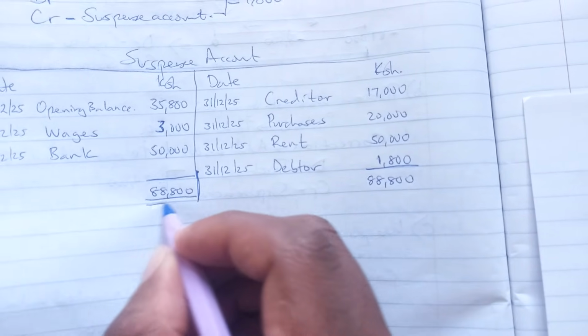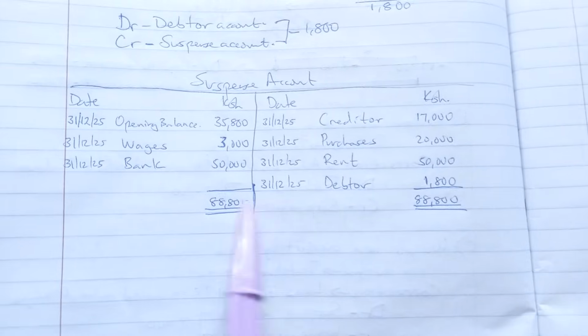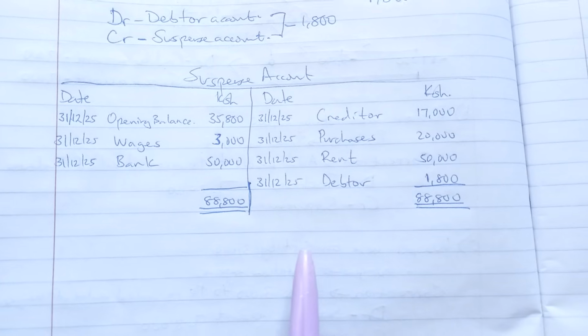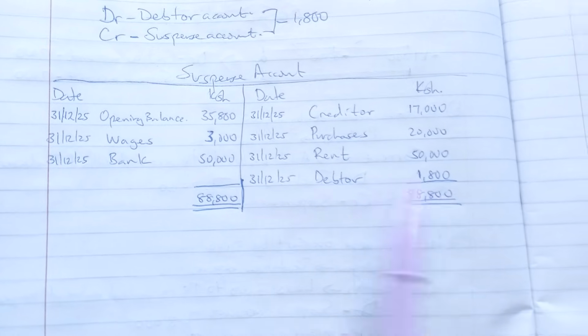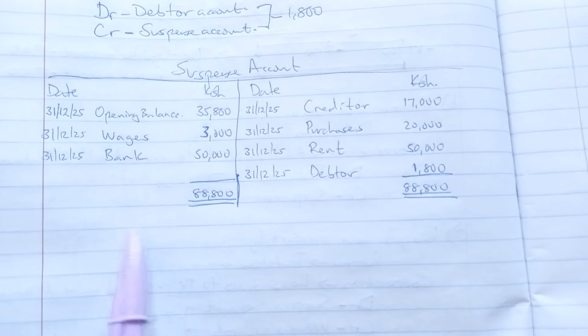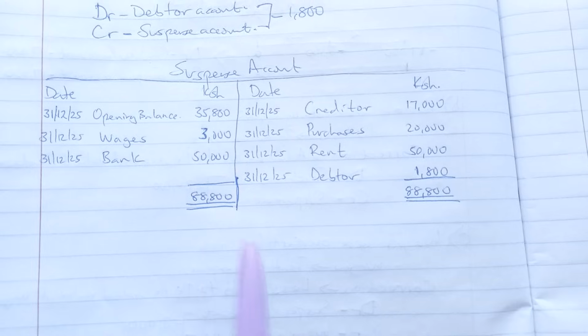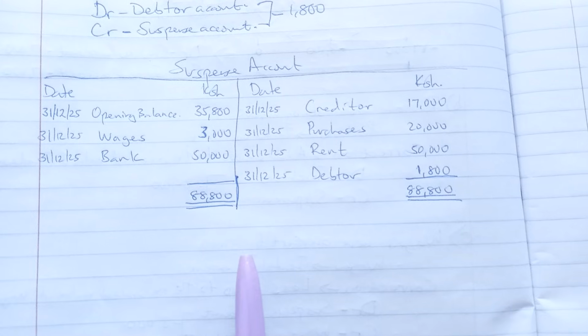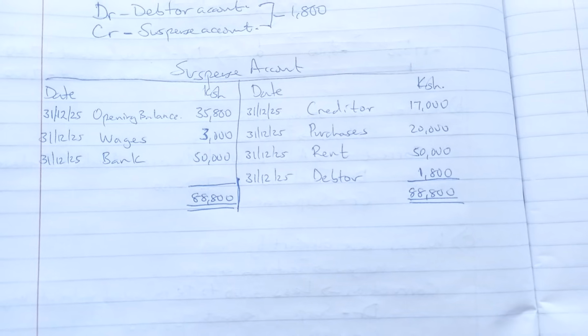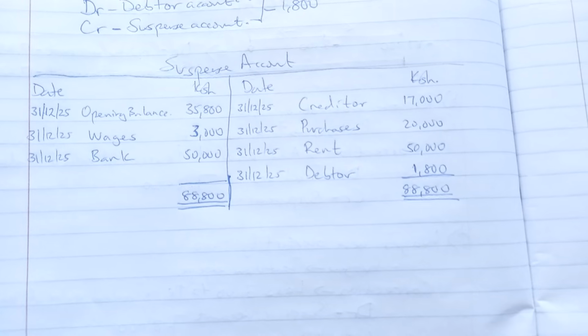Then I close that account. So this is how your suspense account should look. You see, there is no balance which I am bringing forward, meaning I've done all the corrections. That is how you do a question revolving around suspense account.